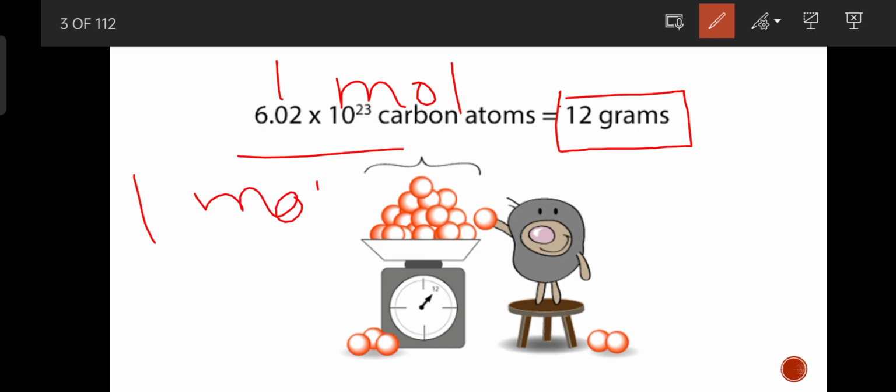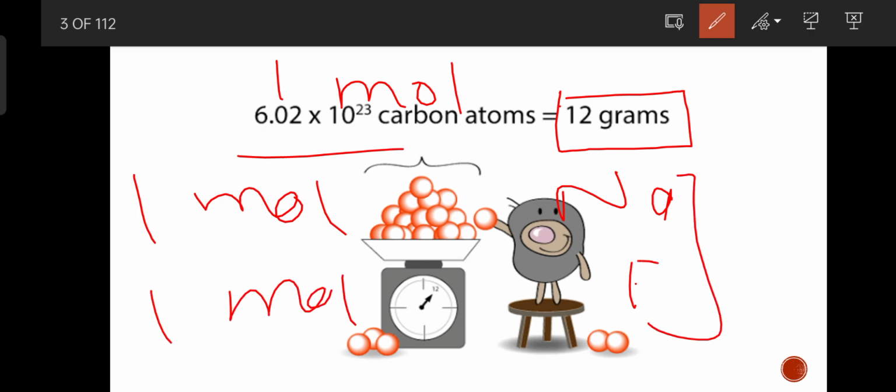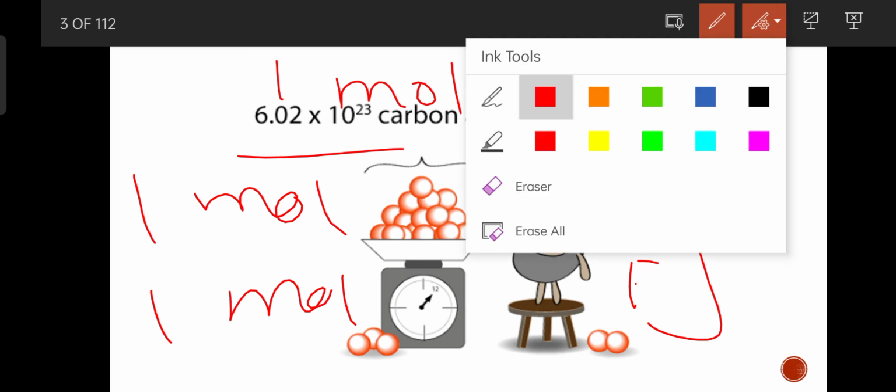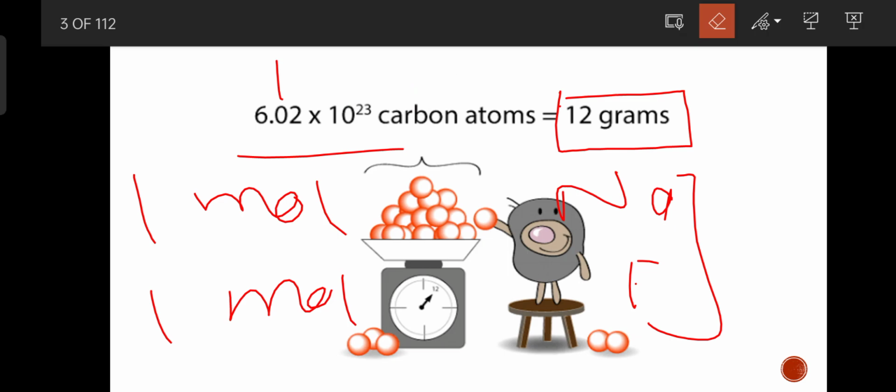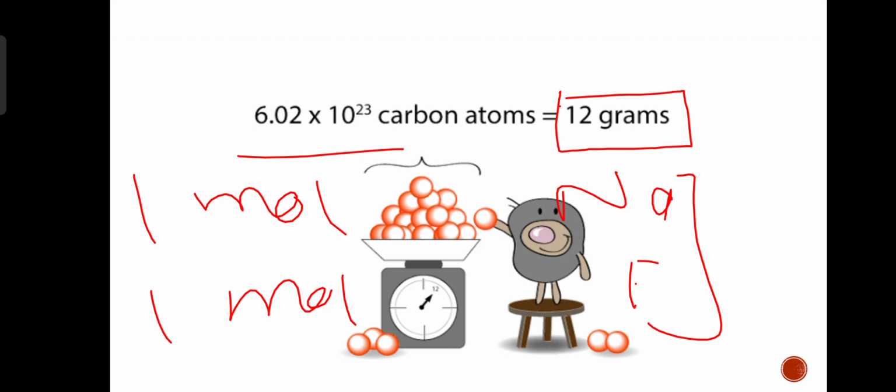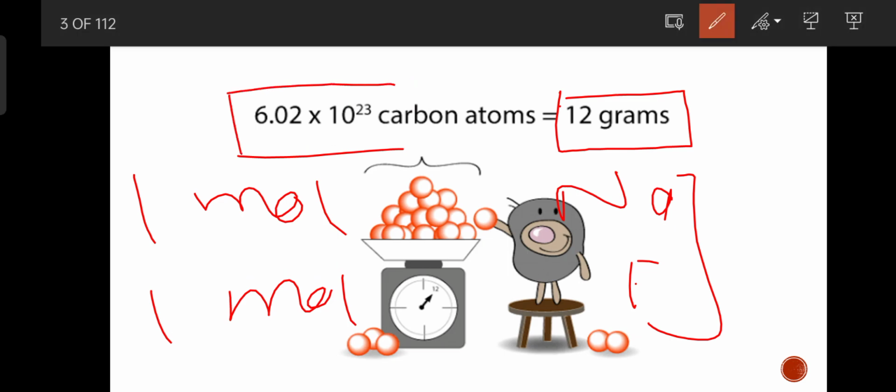As I have told you already, in case of 1 mole of sodium and 1 mole of fluorine, they have the number of particles equal to Avogadro's number. But they have their own relative atomic masses.